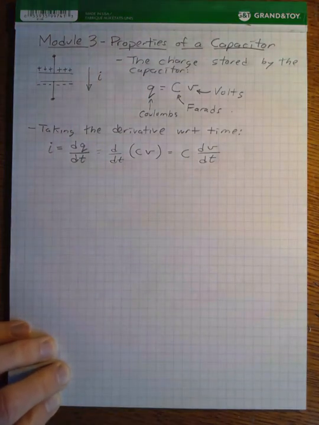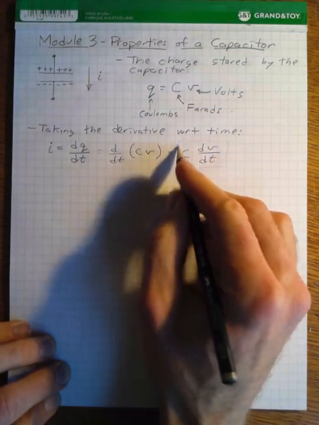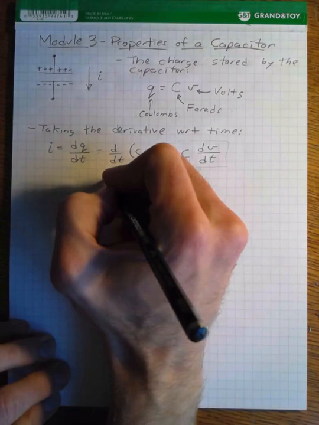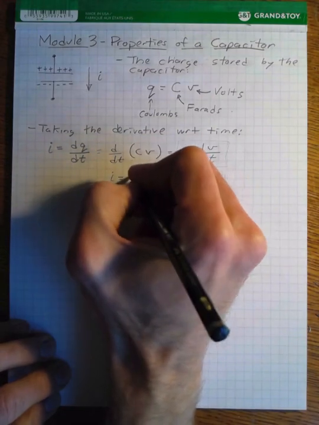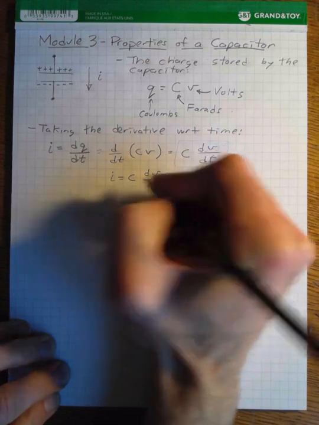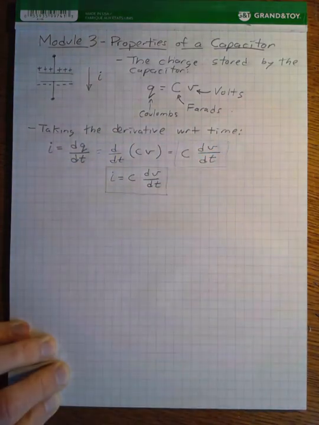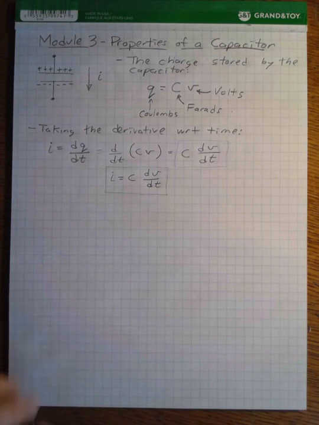So, writing it in a more compact form, the current through a capacitor is equal to capacitance multiplied by the derivative of the voltage, or the rate of change of the voltage.